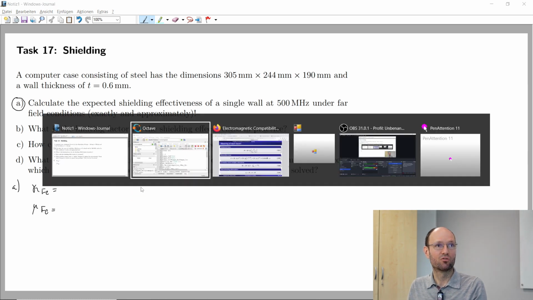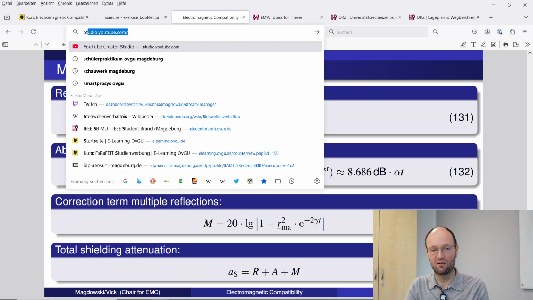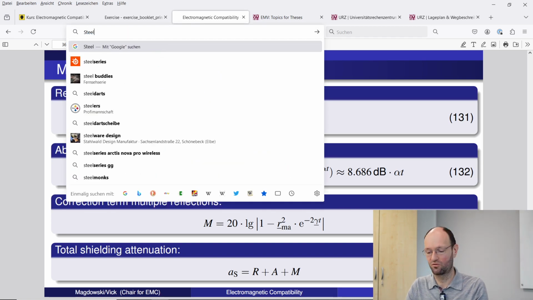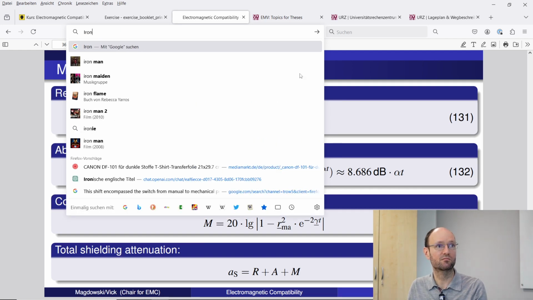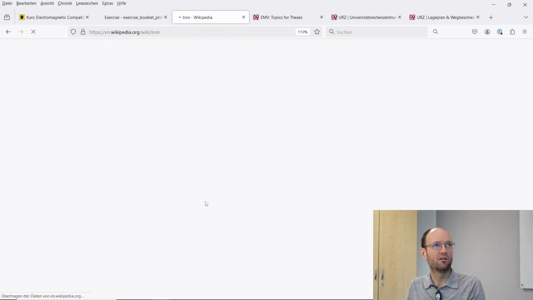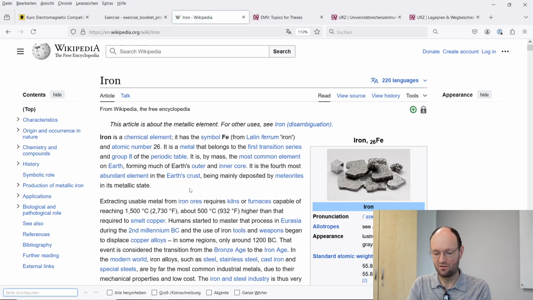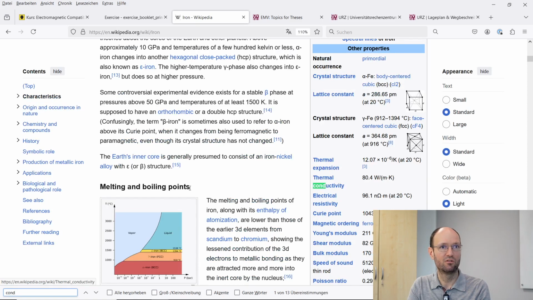So now we could, I don't know, go to Wikipedia and search for steel or search for iron. Do I have this here? No, this is Wiktionary. This is the English Wikipedia. And then on this page, just look for conductivity.